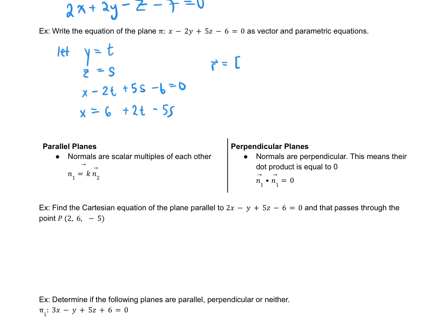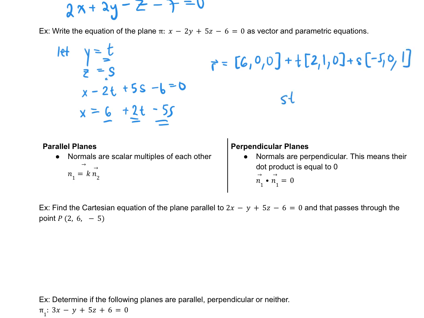Okay, my vector equation starts with vector r naught. Vector r naught is created by the constants. So for x, we have 6. I have no constants for y and z, so that's (6, 0, 0), plus t times the direction vector attached to t, which is (2, 1, 0), since z doesn't have t, plus s times (-5, 0, 1), since y doesn't have s.